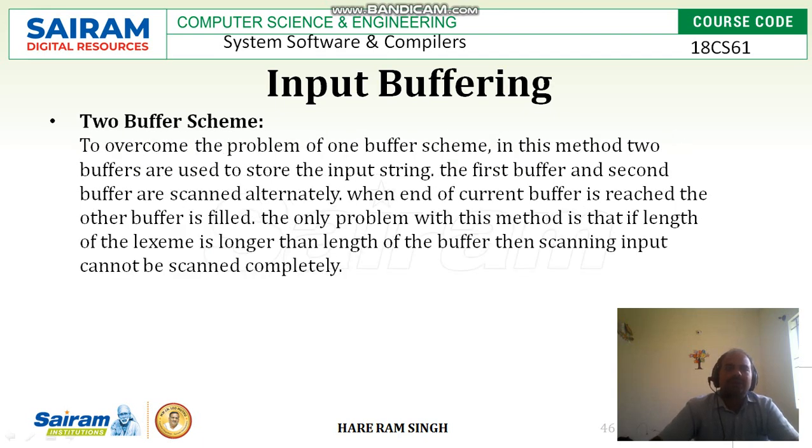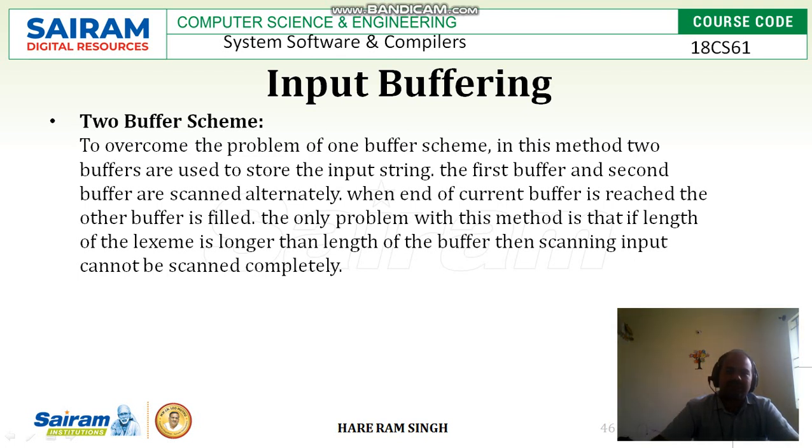To overcome the problem of the one buffer scheme, in this method two buffers are used to store the input string. The first buffer and the second buffer are scanned alternately. When the end of the current buffer is reached, the other buffer is filled.